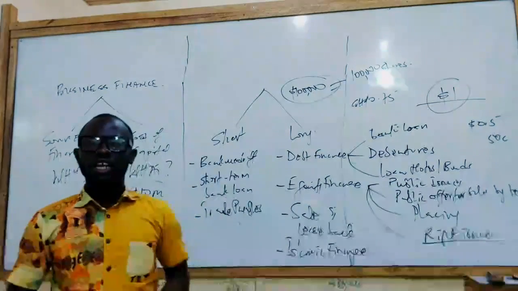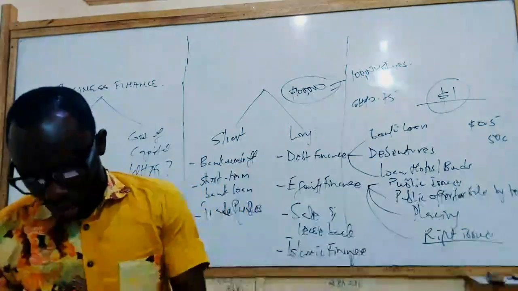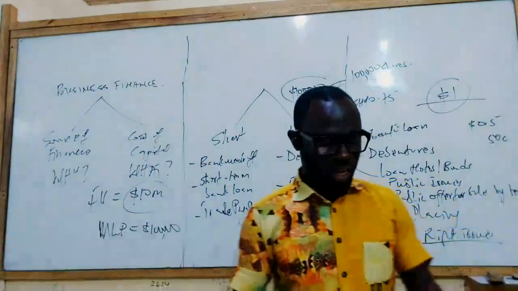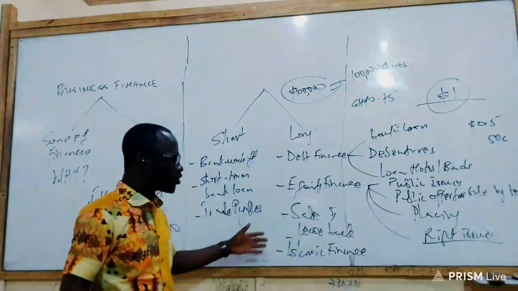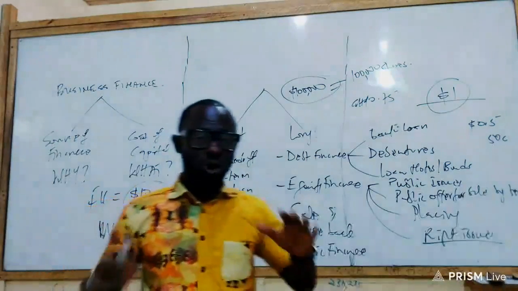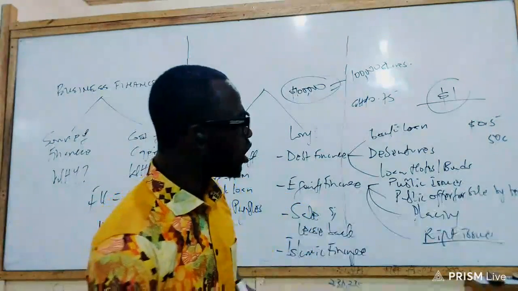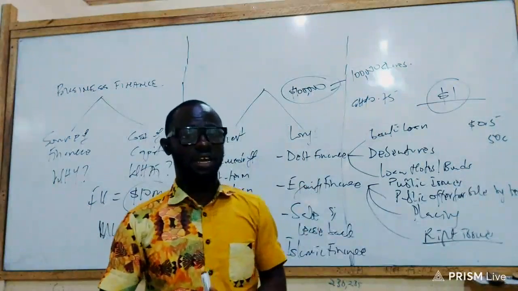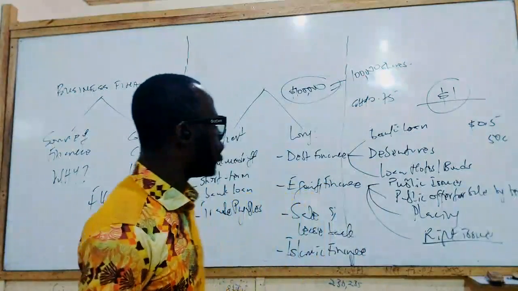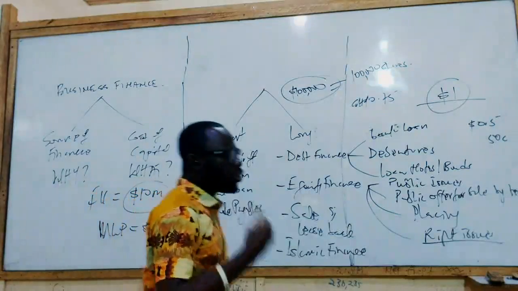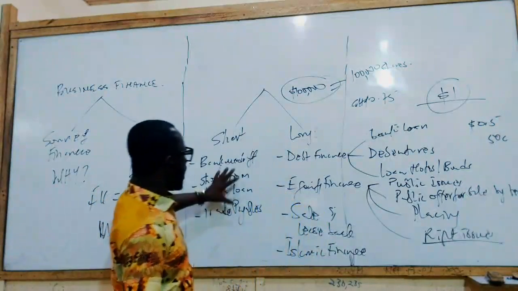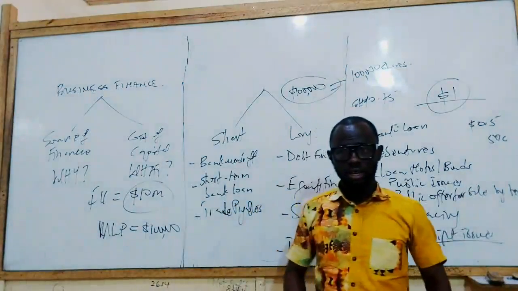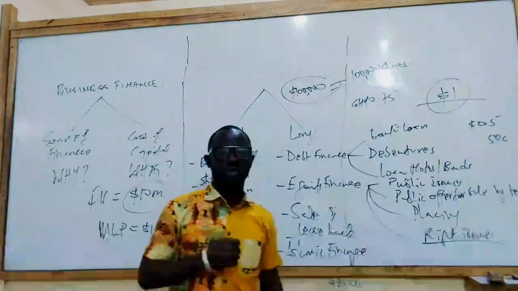Now, I may not talk about this really here, but I'll just give you some overview about all of the financial instruments under Islamic finance. We will discuss it in much detail later on. Now, you will realize that in each of these sources of finance, there is a cost to the company. There is a required rate of return that we need to pay.